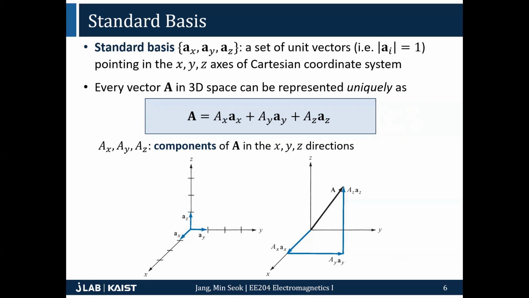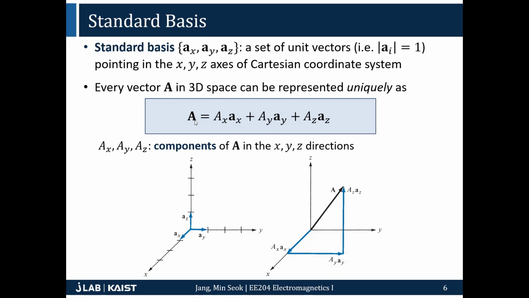So ax means the vector along the x direction having length 1, and ay is the unit vector in the y direction.